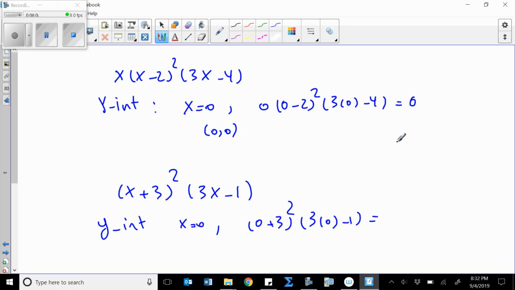So 0 plus 3 is 3, 3 squared is 9, and then in the next parenthesis, 0 times 3 is 0, minus 1 is negative 1. So 9 times negative 1 is negative 9. My y-intercept here is 0 and negative 9. So this is how you find the y-intercept if your polynomial is in factored form.